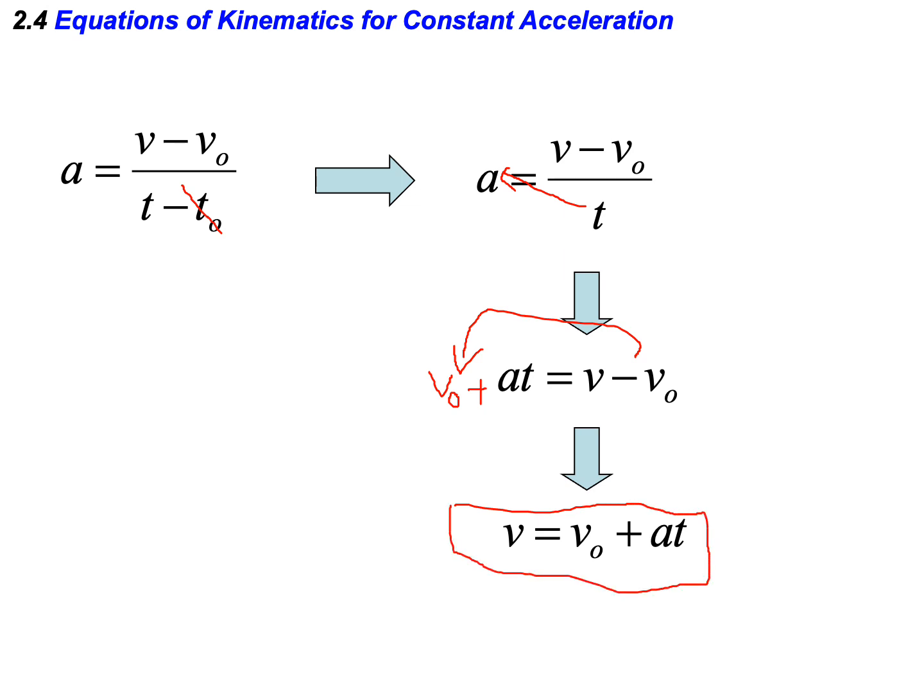We just talked about the equation for x, average position, final position, which is half v naught, initial velocity, plus final velocity times t.